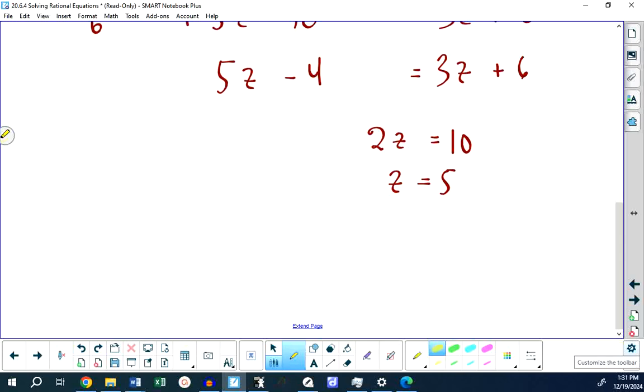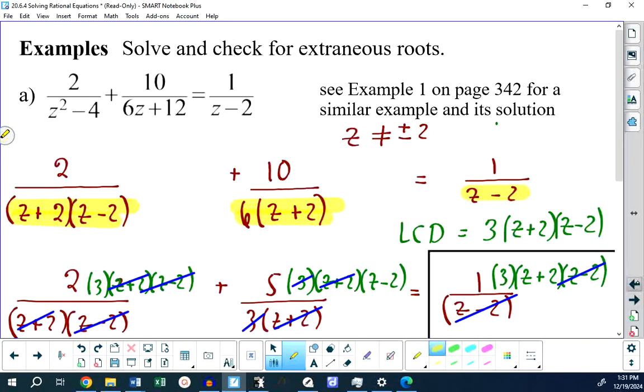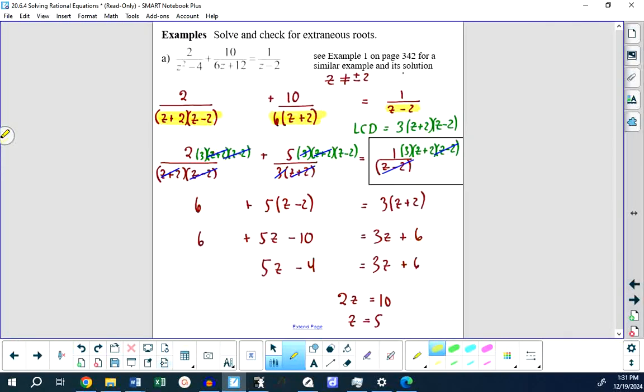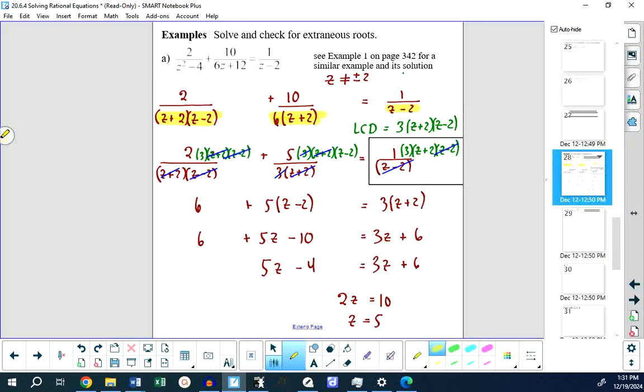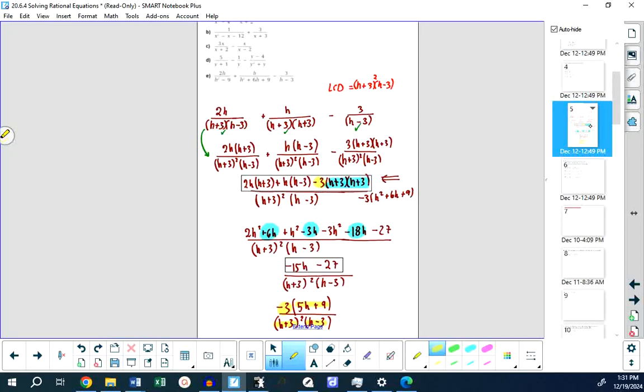Let's try one more. And I was going to point this out to everybody earlier, that you should be pretty impressed with yourself in terms of some of the stuff that you know how to do now. Like when you take a look at that, or the question that somebody had asked about, that's pretty impressive.